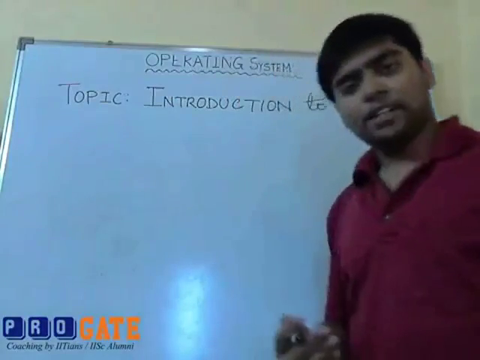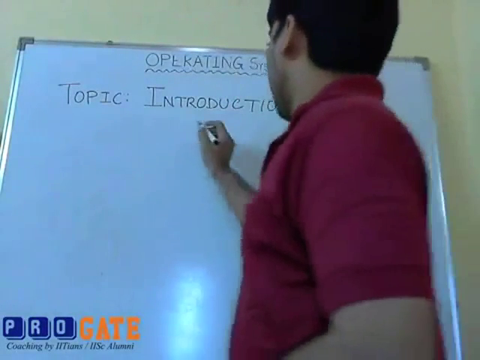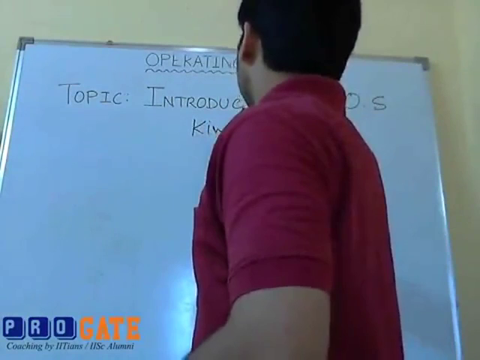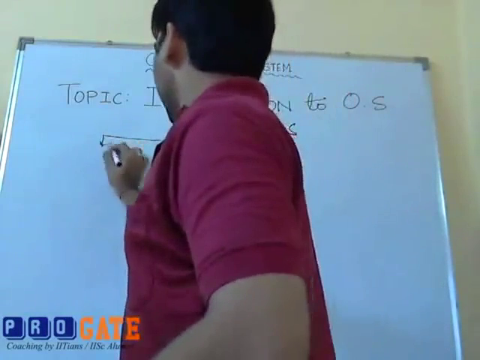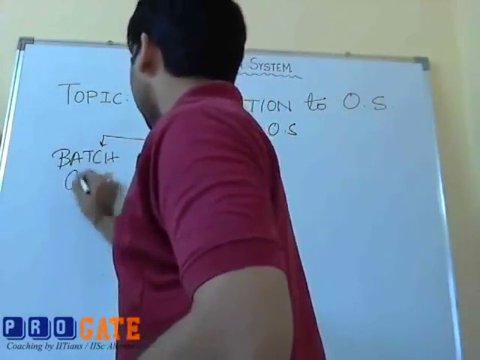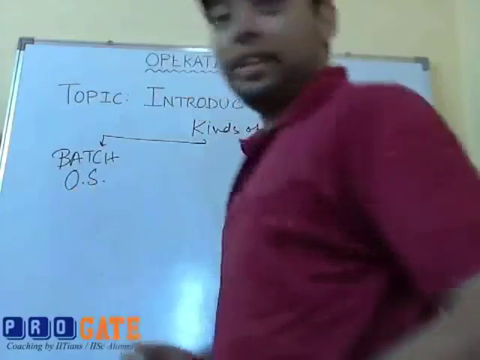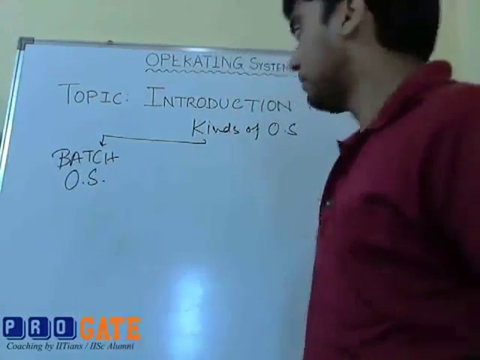Now the next topic is, what are the different kinds of operating system? Kinds of OS. The first in this is a batch operating system. The initial operating systems were batch operating systems.